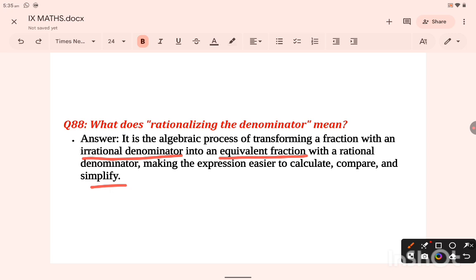The main reason for rationalizing the denominator is to make an irrational number denominator a rational number denominator.